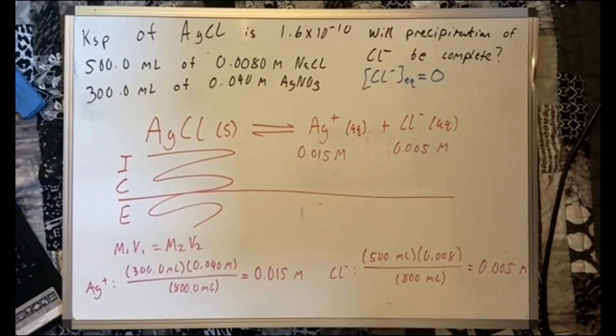How do you know that you need to put concentrations in the initial? Because like in the last problem we just put 0. So why do we need to put actual numbers there this time? Here it's saying we're mixing these two things, right? I'm adding the NaCl to my AgNO3, so I'm mixing these two things.